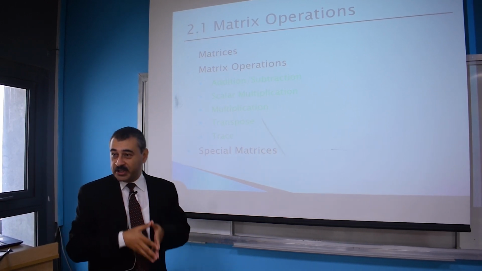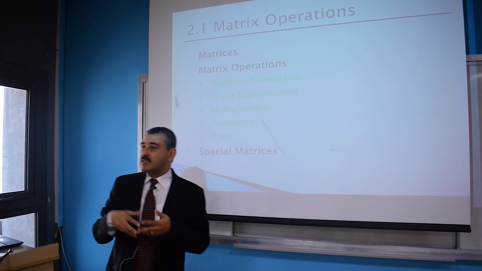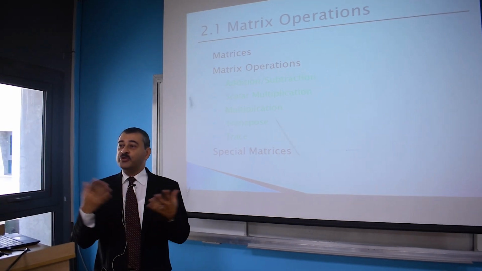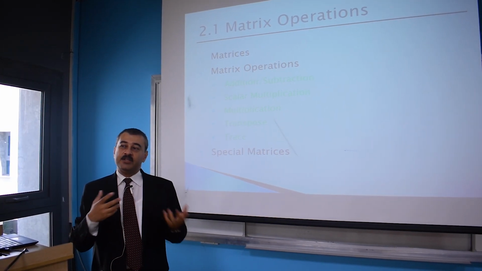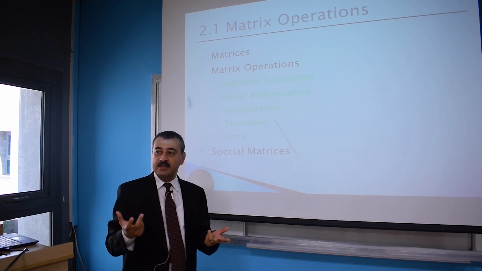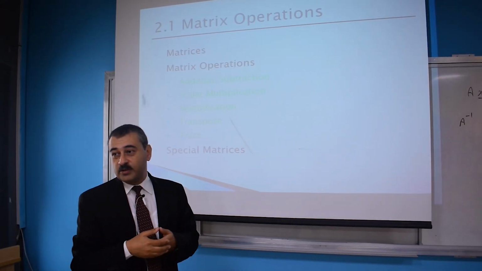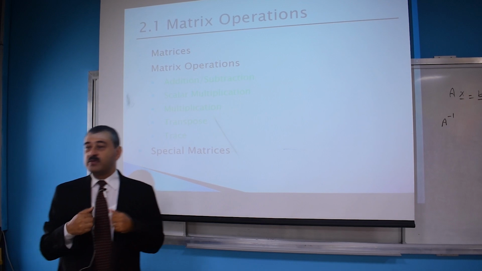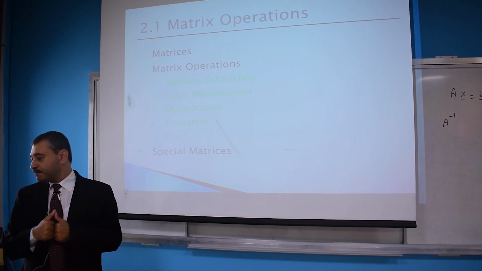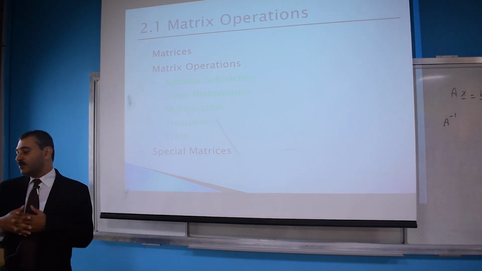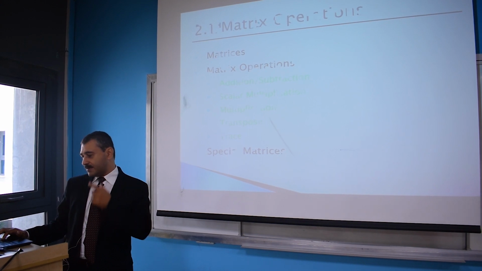This is for today, inshallah. In the next lecture, we are going to define the determinant and see the relation between the determinant and the matrix. And in the following lecture, we are going to get the inverse of the matrix. Okay? So let's first introduce some operations on matrices.